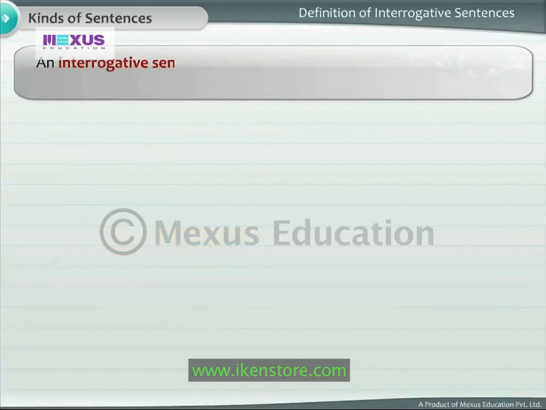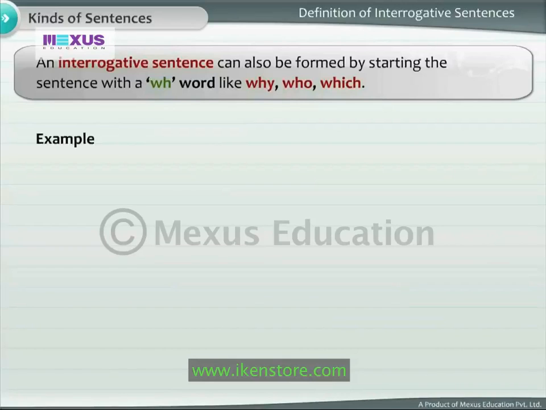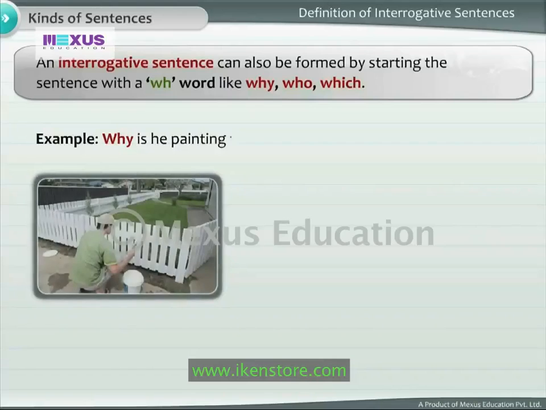An interrogative sentence can also be formed by starting the sentence with a WH word, like why, who, which. For example, why is he painting the fence? The sentence begins with the word why.